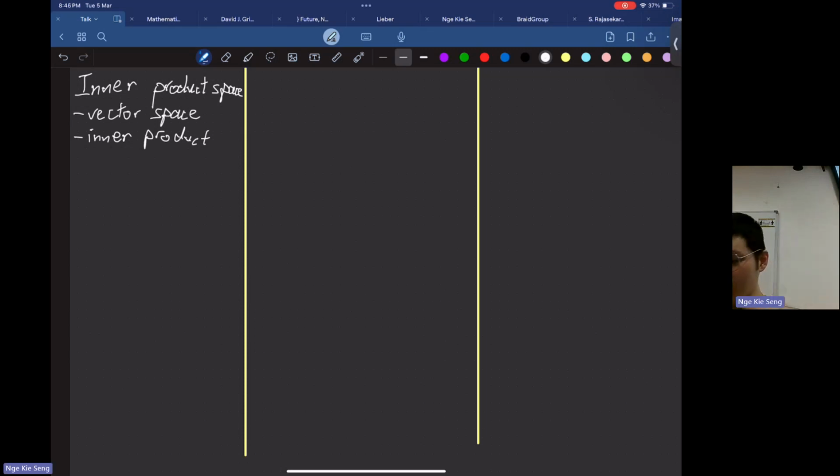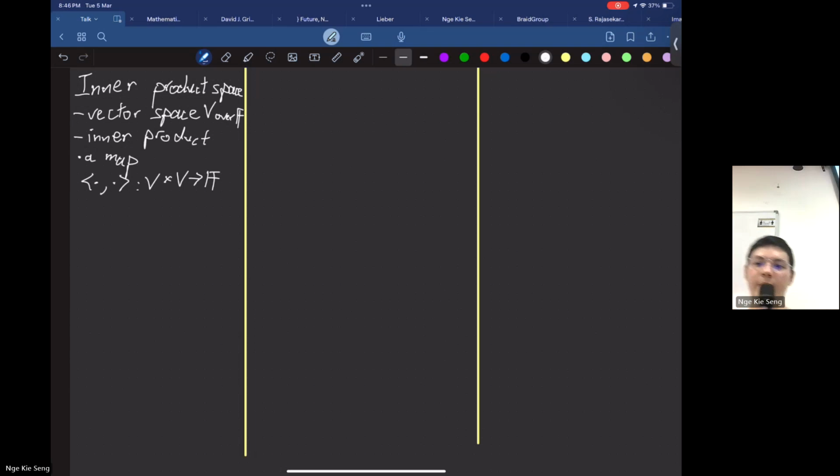Right. So in particular, this is a map. Let's write it like this: angle bracket, V cross V to F. Let's call this a vector space V over F. It satisfies three properties.